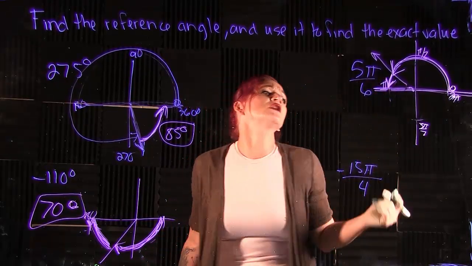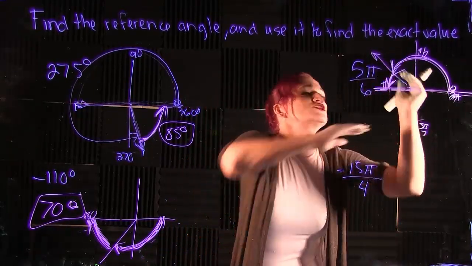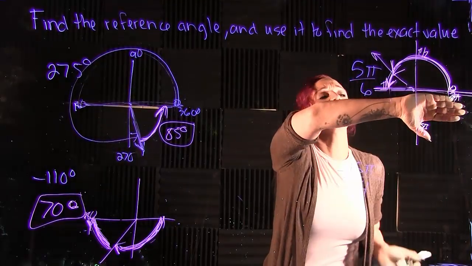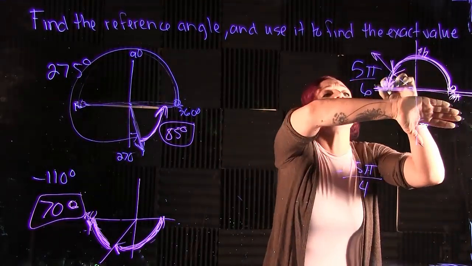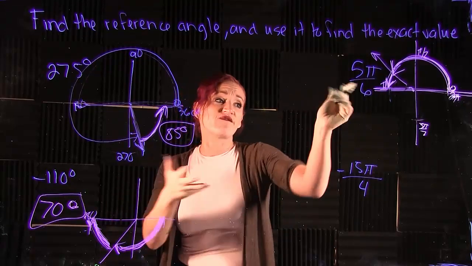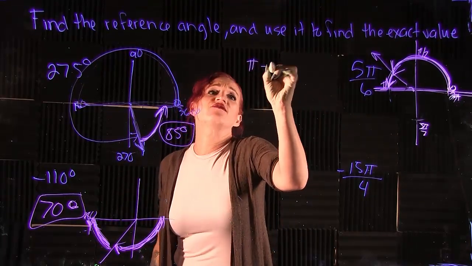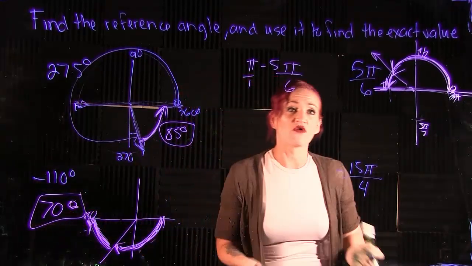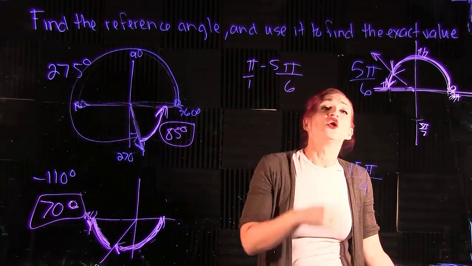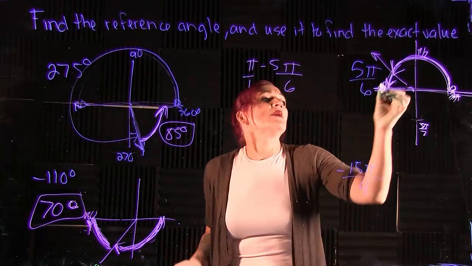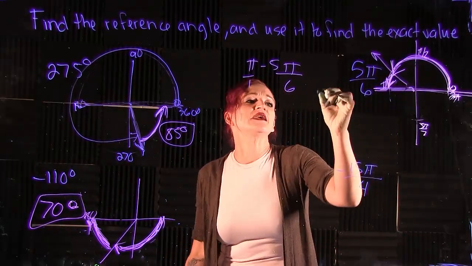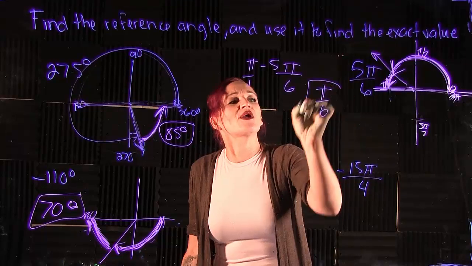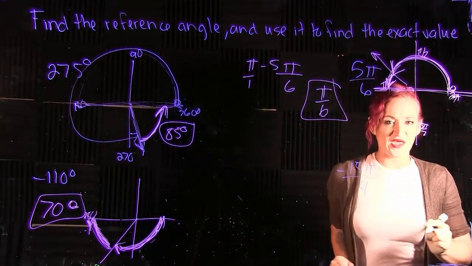You can think of it this way: if we take this full pi and subtract 5 pi over 6, you want to do pi minus 5 pi over 6. You can work that calculation, but this tiny little piece here would be pi over 6.